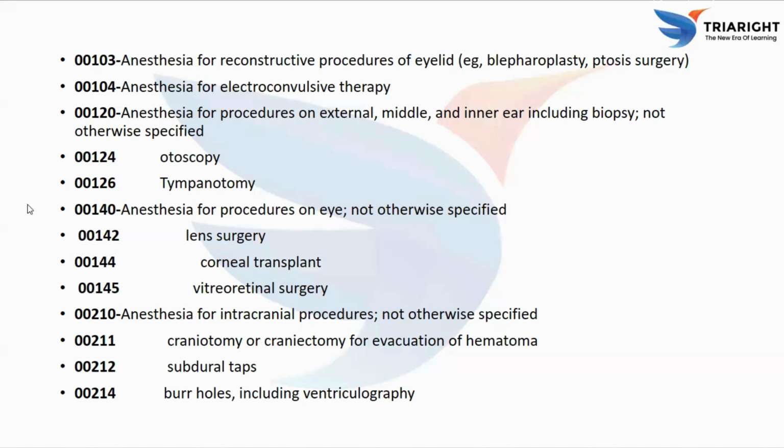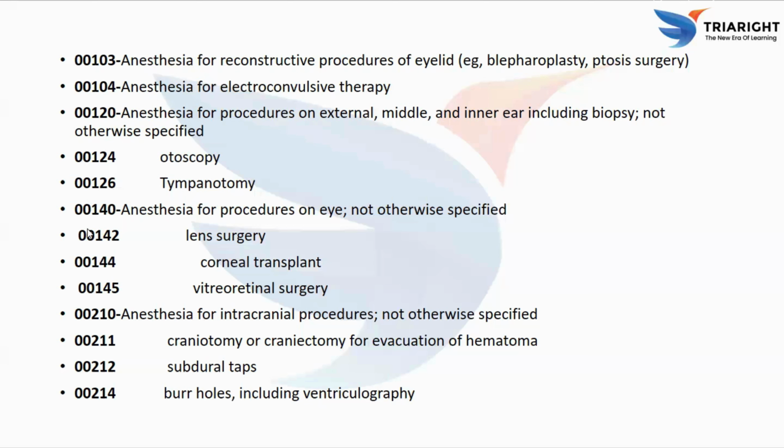The full description of 00126 is anesthesia for procedures on external, middle and inner ear including biopsy as well as tympanotomy. Because 00120 is the parent code and 00126 is a child code.